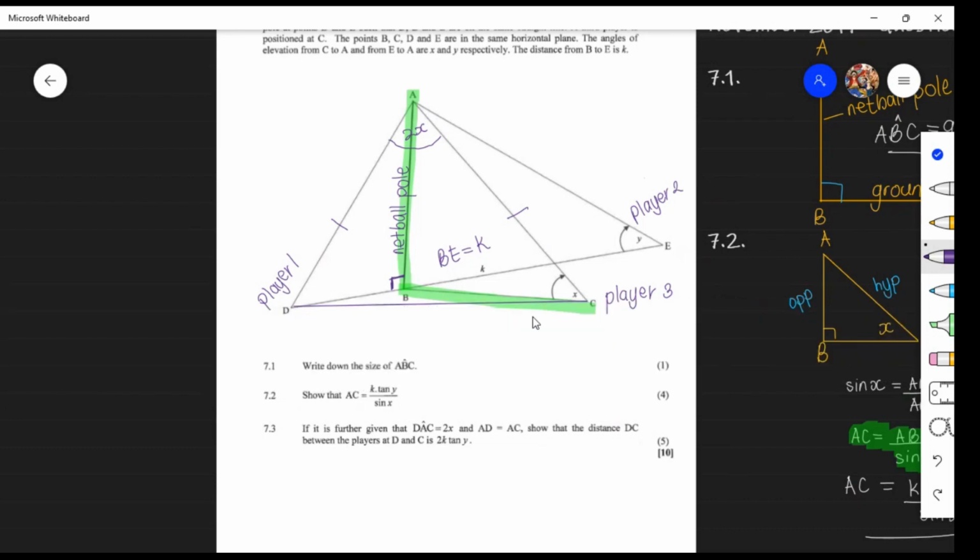So that is now our side DC that was constructed in that purple line. So we have our triangle ADC, and we need to show that the value of DC is 2k tan y. So let us start by drawing our triangle ADC, putting in the known values, and then solving for DC.